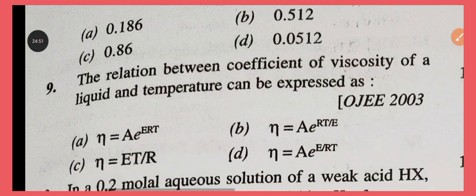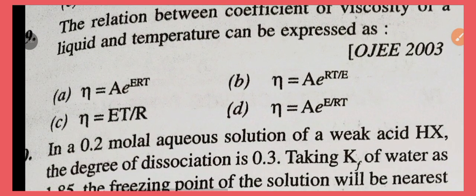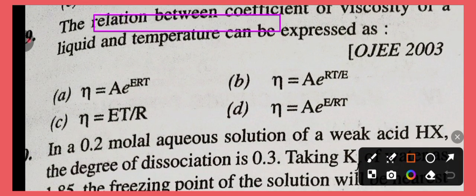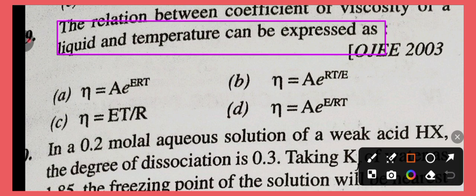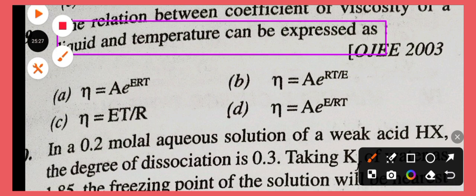Let's move to another question. Question number 9 says, let's read the question. The relation between the coefficient of viscosity of a liquid and temperature can be expressed as. Here we know the relation: coefficient of viscosity is related to absolute temperature T by the Arrhenius equation.